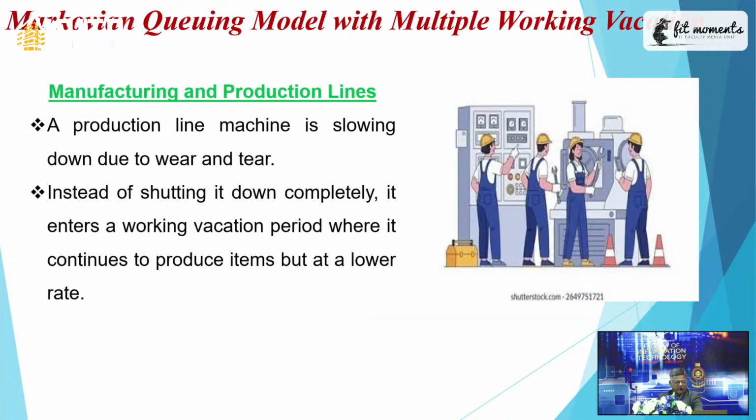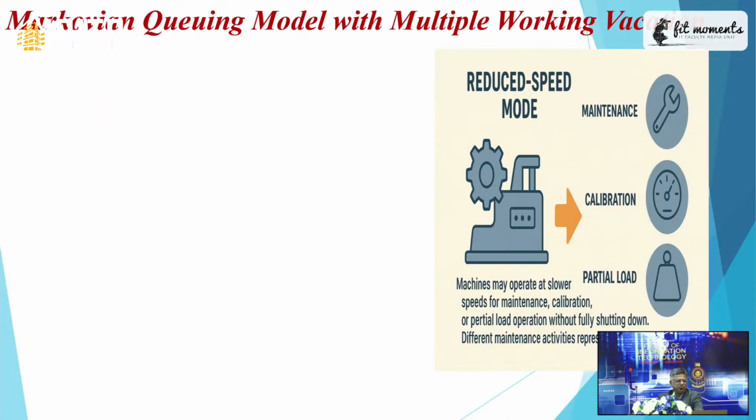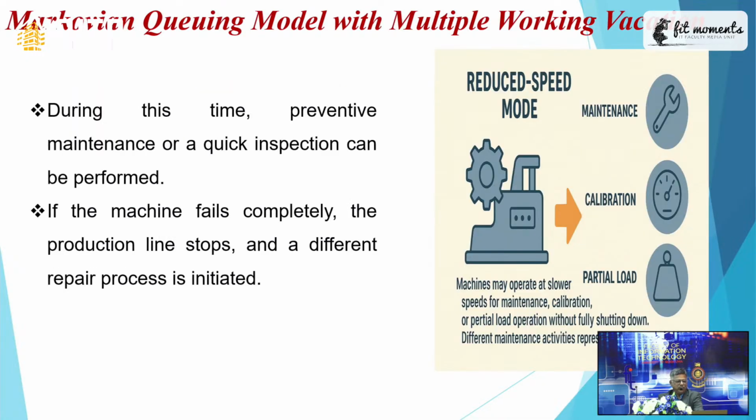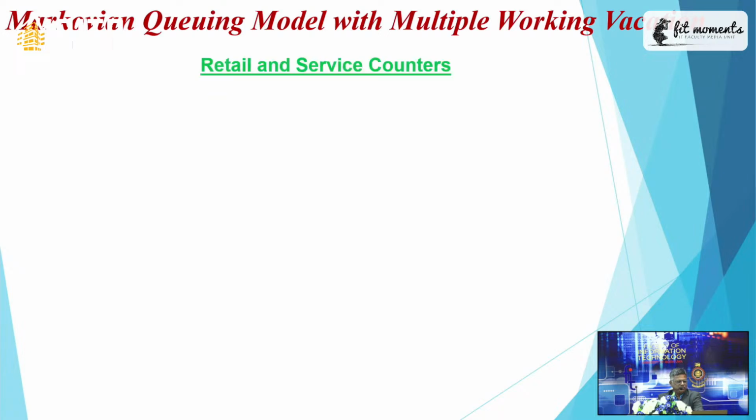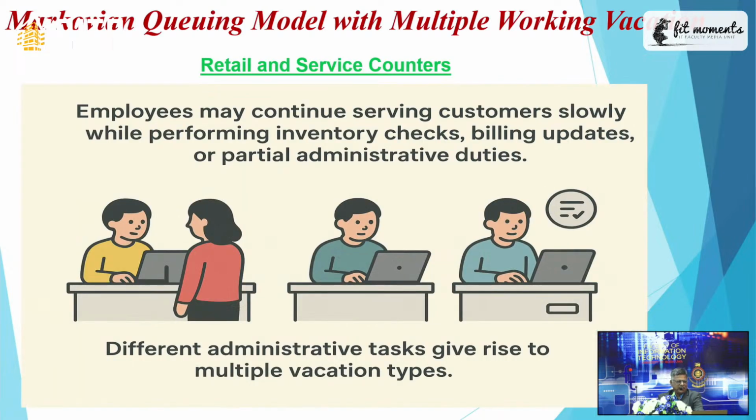Manufacturing and production line: slowing down due to wear and tear, reduced speed mode. Retail and service counter: different administrative tasks give rise to multiple working vacation.